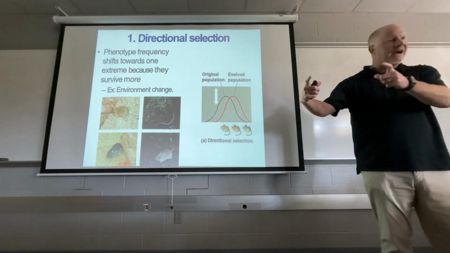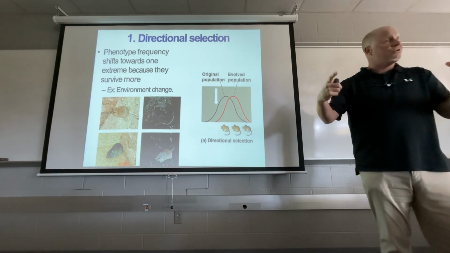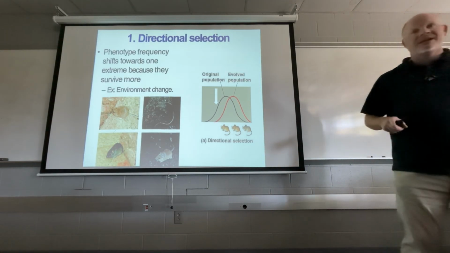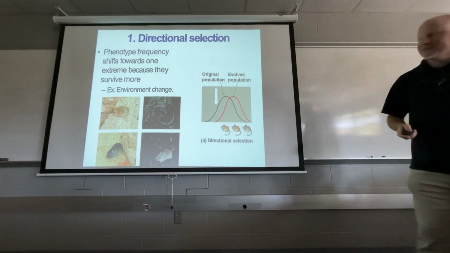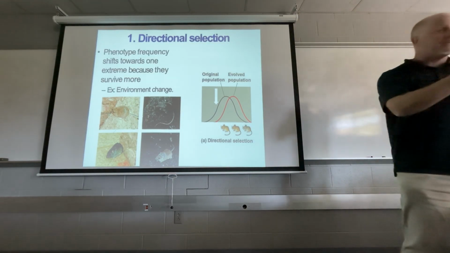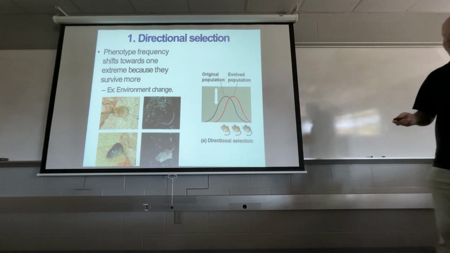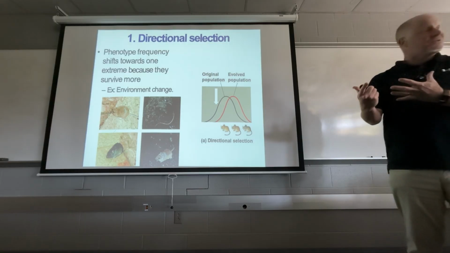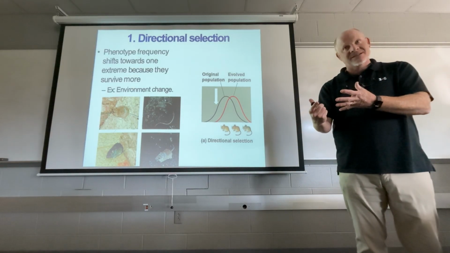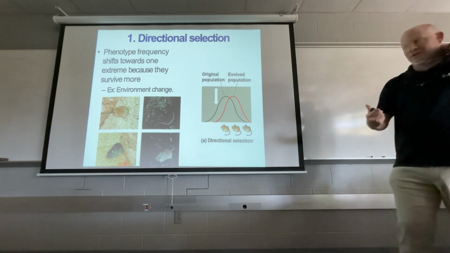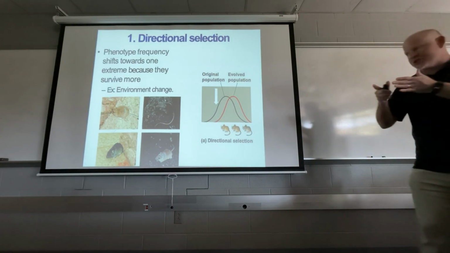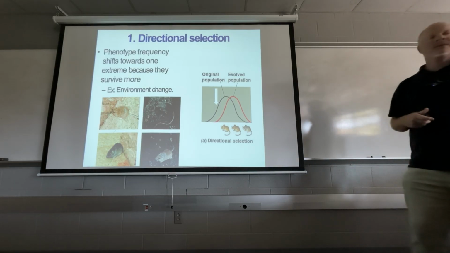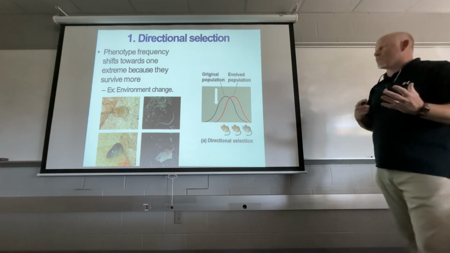So if you have 2 populations in 2 different environments, one in a dark substrate, one in a light substrate, you can imagine you're going to move directionally over generations based on color, right? Those that can hide the best on the substrate are the ones that are going to survive and reproduce, pass those genes on to their babies, that also survive, right, if they're dark colored. And you get this directional shift to the dark phenotype on the dark substrate and the light phenotype on the light substrate. That's called directional selection.